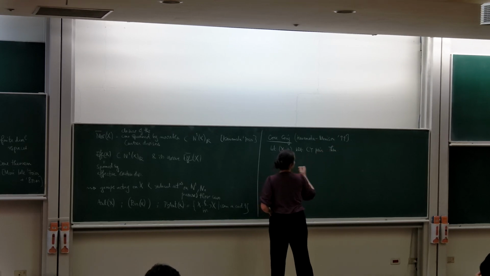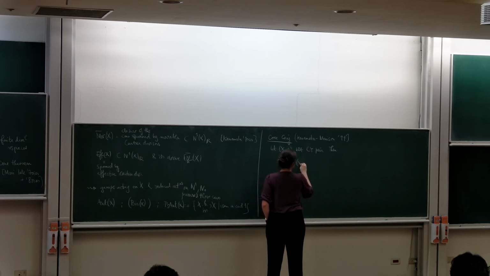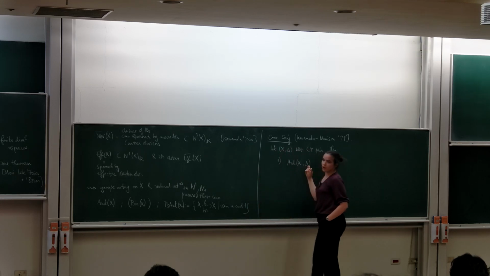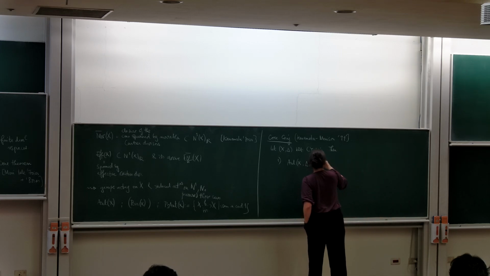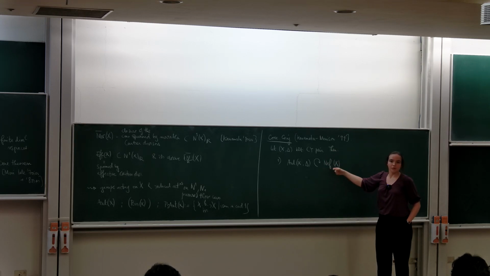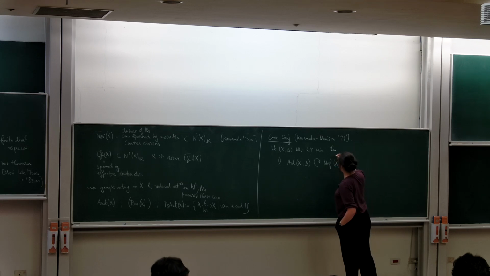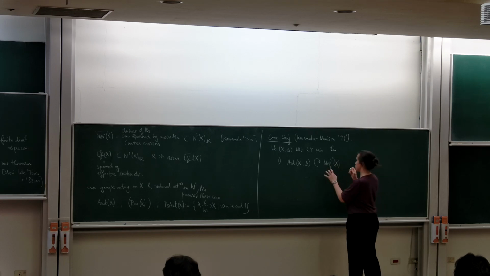Then the first point should be that the group of automorphisms of X that preserves the support of the divisor, while it's acting on the Nef cone of X, which is a closed cone, but of which we remove a little bit, and I'll talk about this in a second.